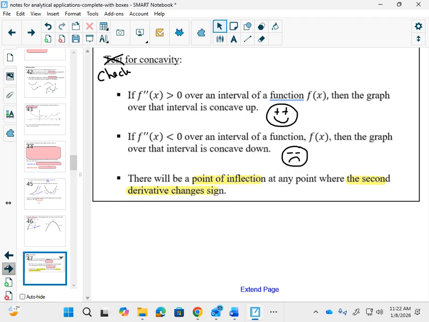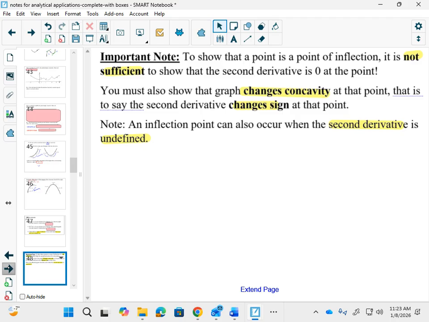If your second derivative changes sign from concave up to concave down, or vice versa, you will have a point of inflection. This is important.